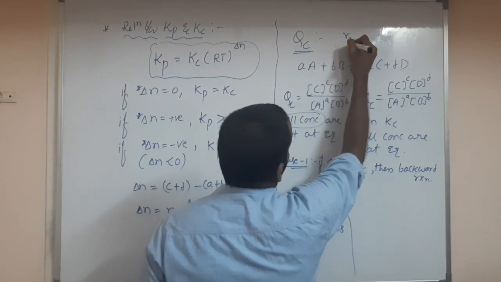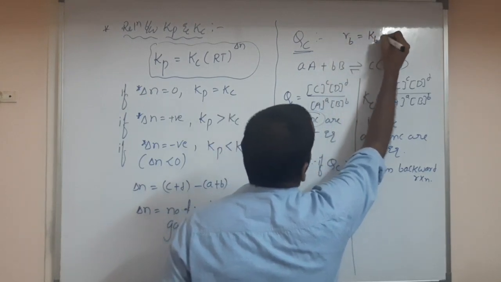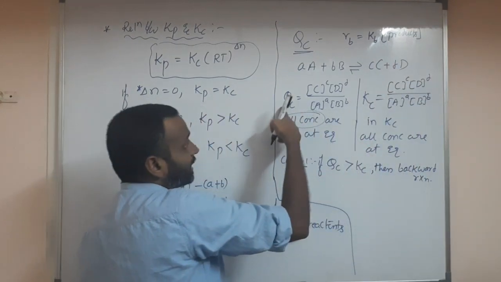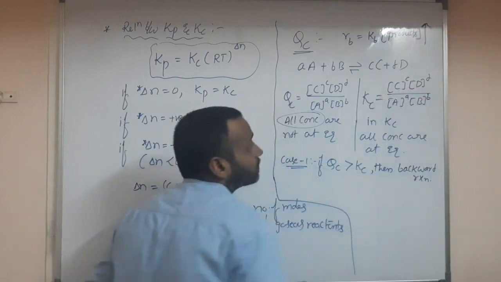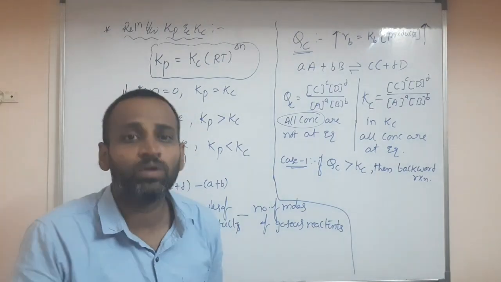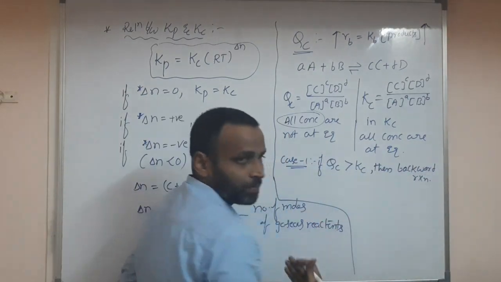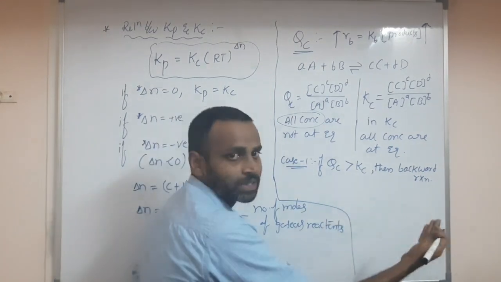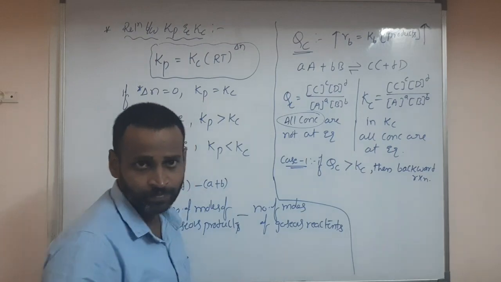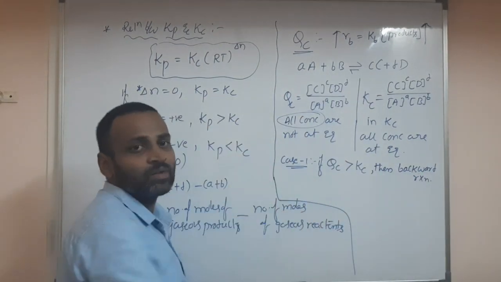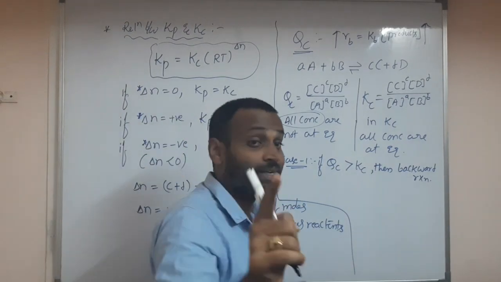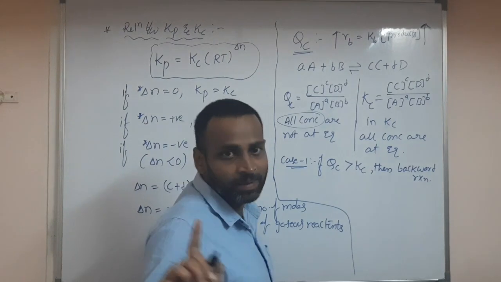You know this, everyone: rate of backward reaction is equal to Kb into concentration of products. So Qc greater means product concentrations are more, so the rate of backward reaction is more. Products can easily convert into reactants. So in case 1, if Qc is greater than Kc, then the backward reaction takes place.